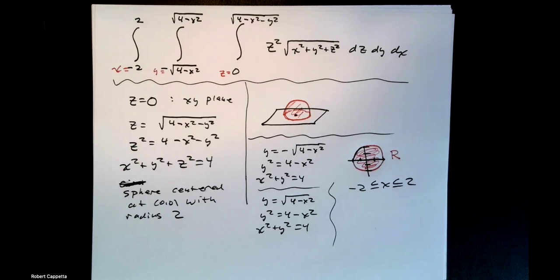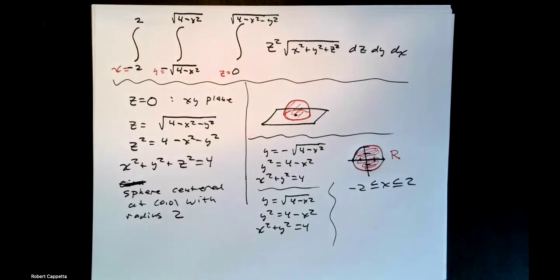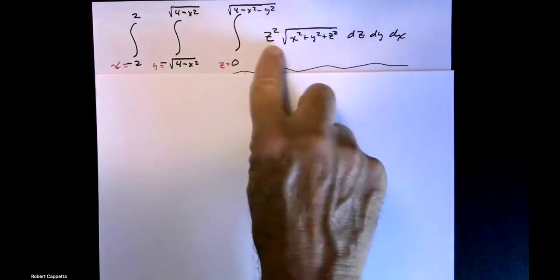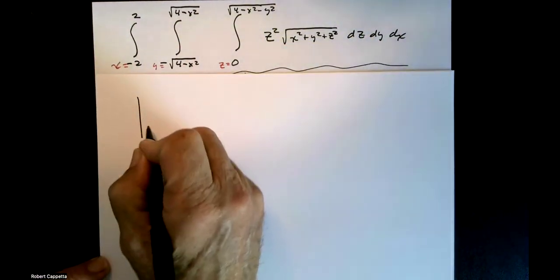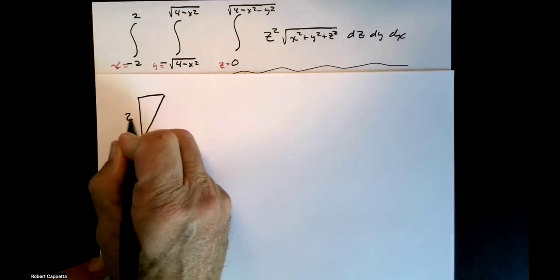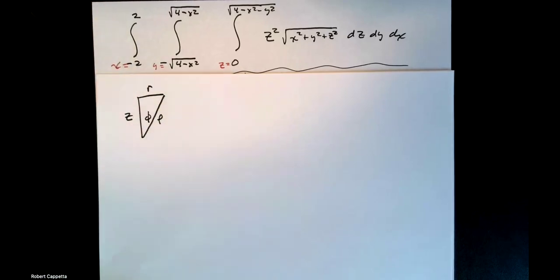Now we've got to do some work to convert this into spherical coordinates. So let's quickly work with this portion. If I want to convert z into spherical coordinates, I need to remember the triangle. Here is z, here is rho, here is phi, here is r if you need it. And the relationship there was what?